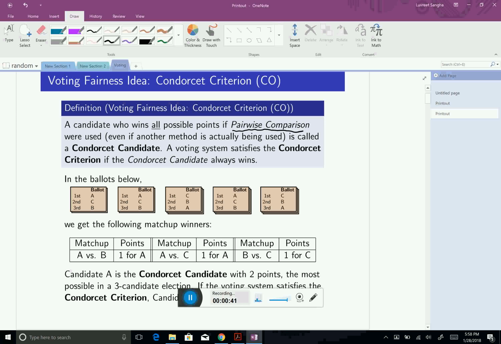we briefly mentioned what was called a Condorcet candidate. A Condorcet candidate is somebody who wins all of their matchups in pairwise comparison.